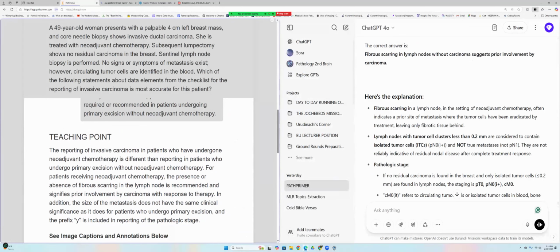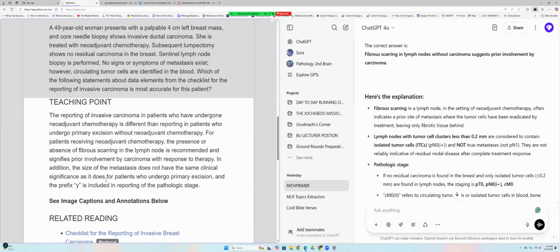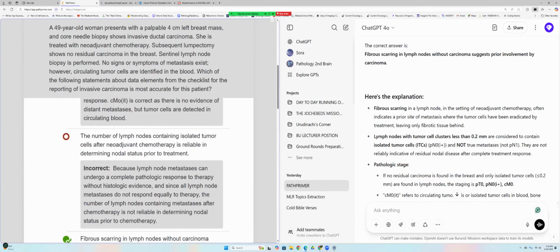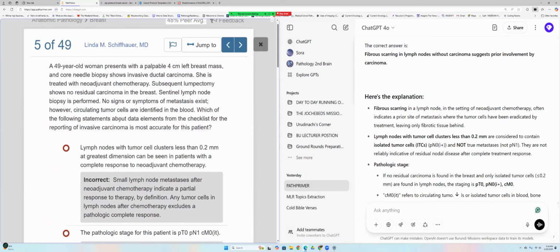Let's see. Did we see anything in the blood?